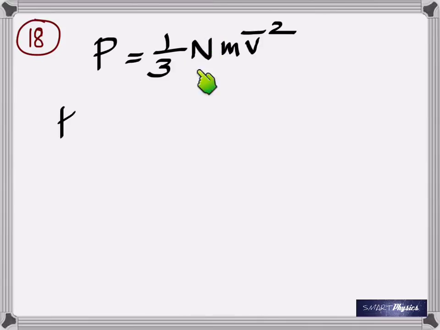It's the total number of molecules. So when you use caps N, it's the number of molecules. If you use the little n, it's number of moles. Caps N is the number of molecules. This is the mass of a molecule. And that is the root mean square velocity.